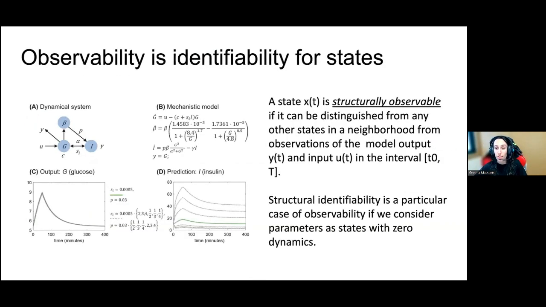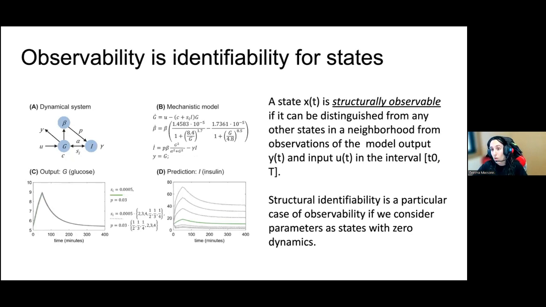Observable is the same as identifiability, but for states. So if a state is not observable, we cannot predict it. Going back to the example that I presented at the beginning of the talk, this model of 3 states is neither identifiable nor observable.